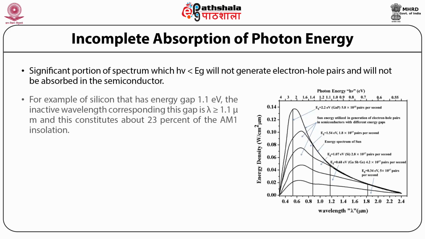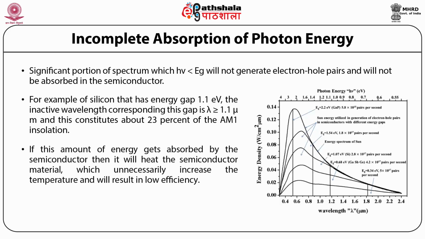Let us take an example of silicon, which has an energy gap of 1.1 electron volt. The inactive wavelength corresponding to this gap is lambda greater than or equal to 1.1 micron, and this constitutes about 23% of the AM1 insolation.